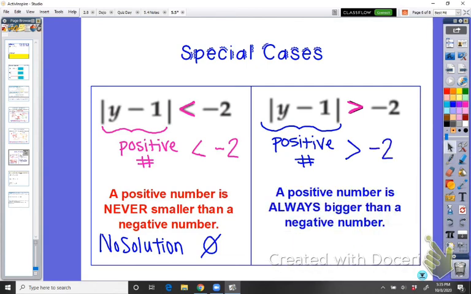A positive number will always be bigger than a negative number. So this solution over here is all real numbers, infinitely many solutions, that type of thing. So you have to really pay attention to what inequality sign is up there.